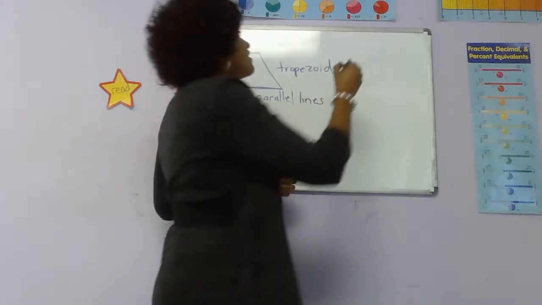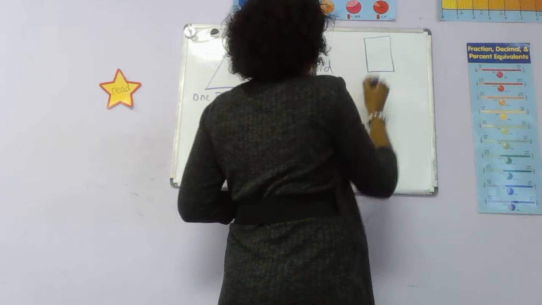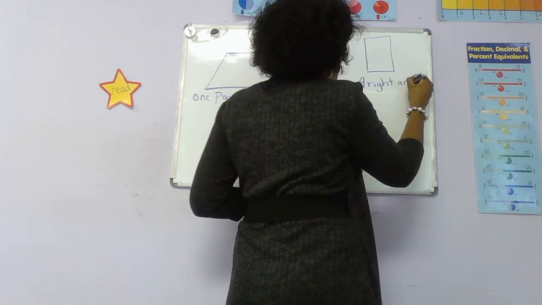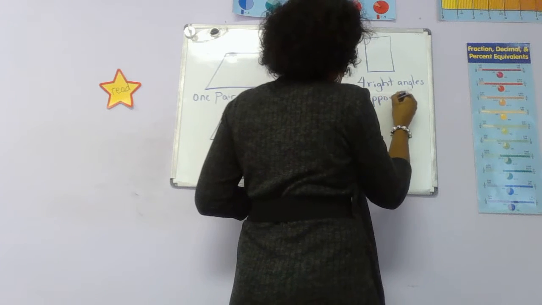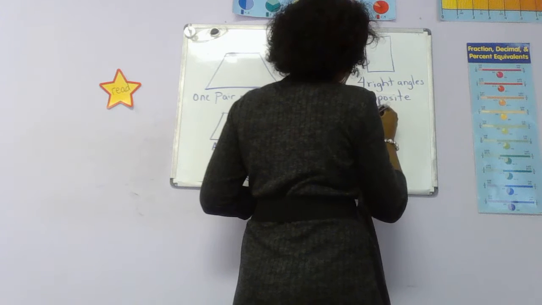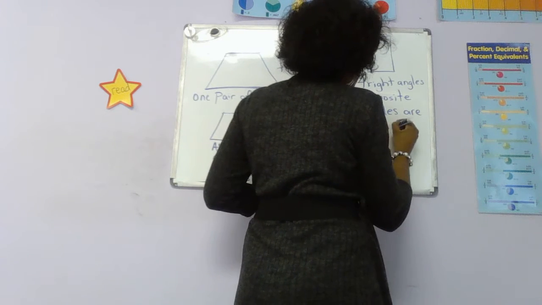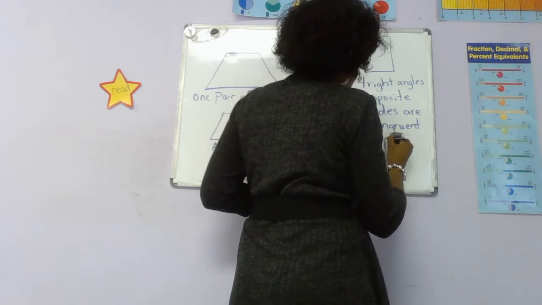We have a very common one, the rectangle. A rectangle has 4 right angles. Opposite sides are congruent, and opposite sides are parallel.